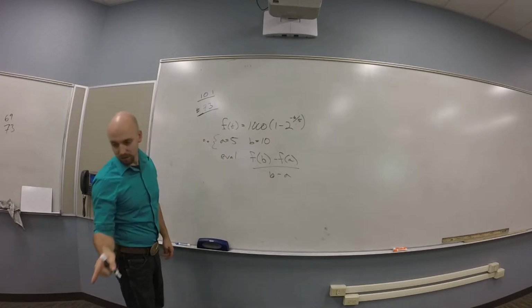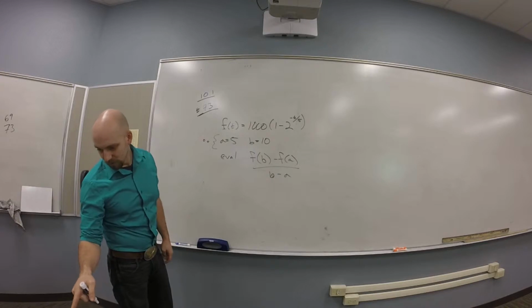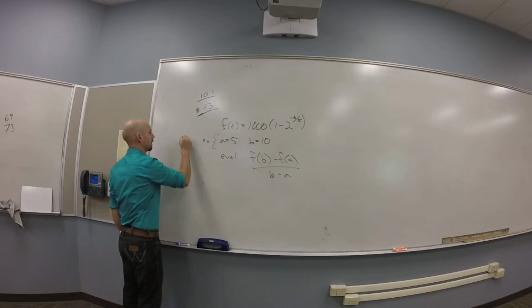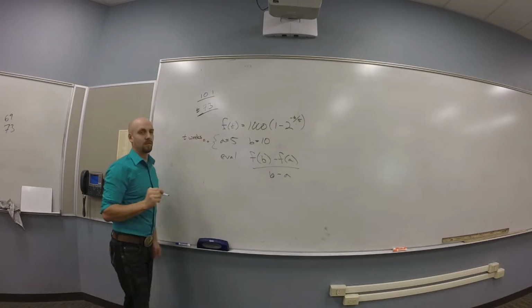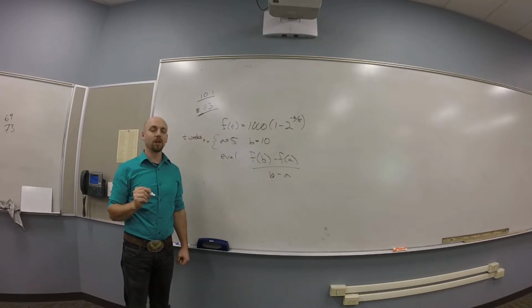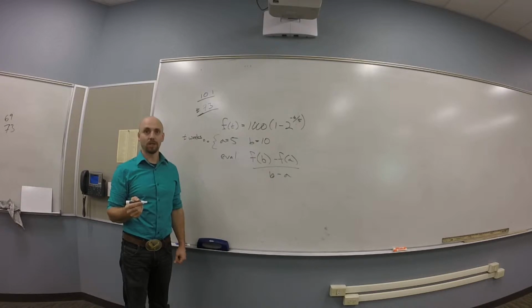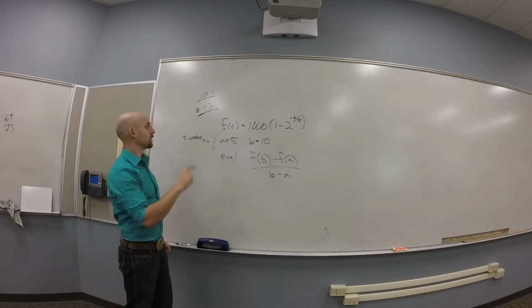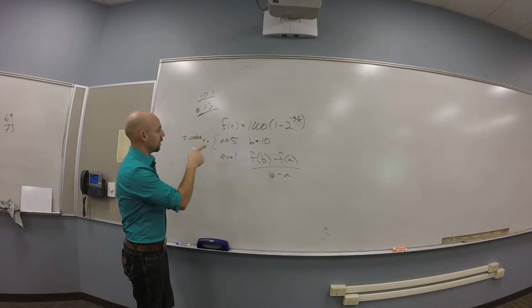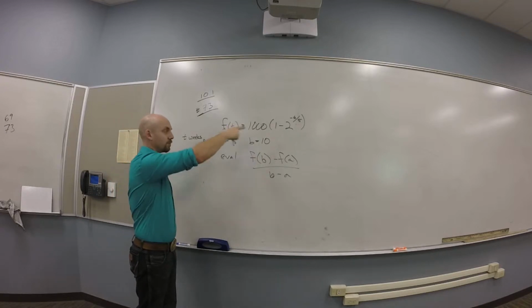T's are, what does it say? T weeks. So those are going to be 5 weeks and 10 weeks, respectively. You guys see that? You're going to take those and plug them in there, right?